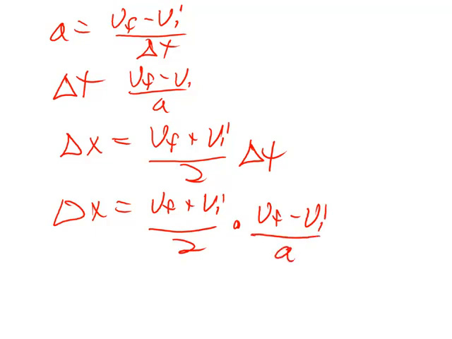Is that the difference of squares? Is that what that ends up being? And it becomes this. Delta x is equal to what? All right, that becomes (VF squared minus VI squared) over 2a.